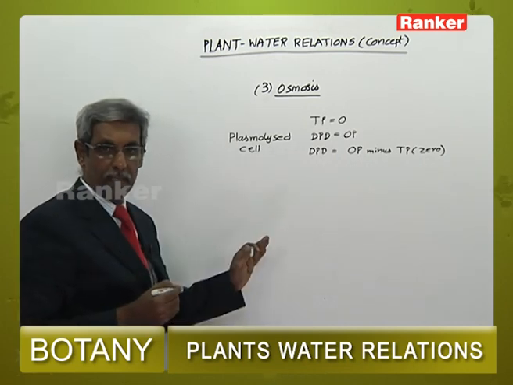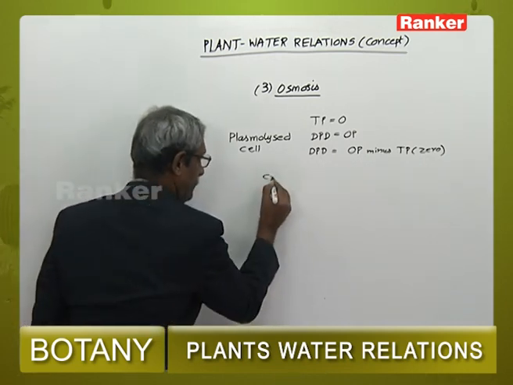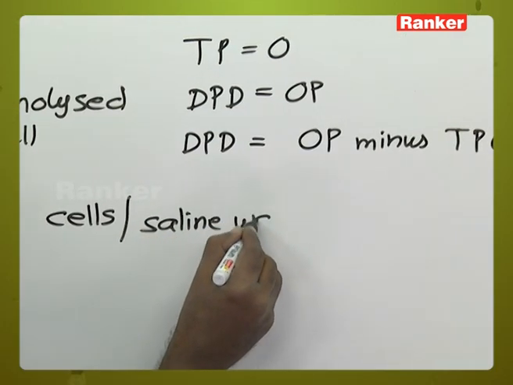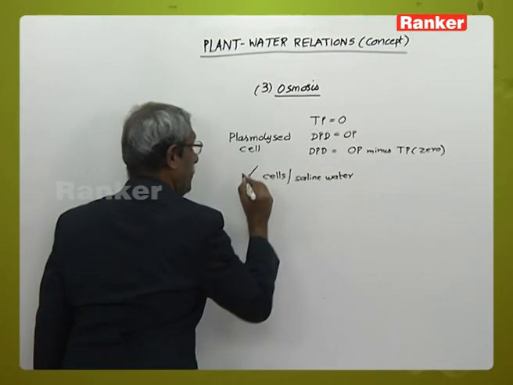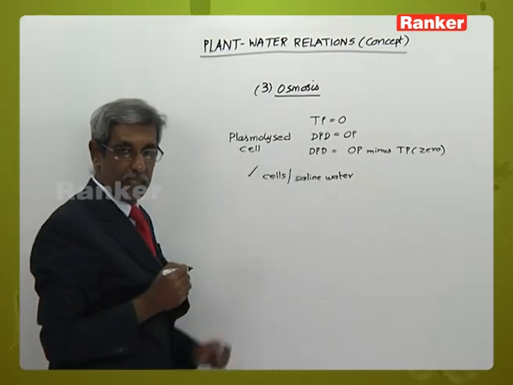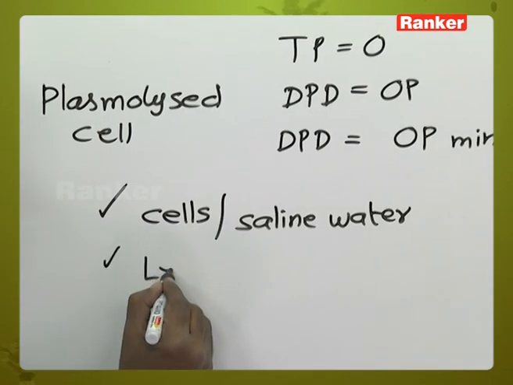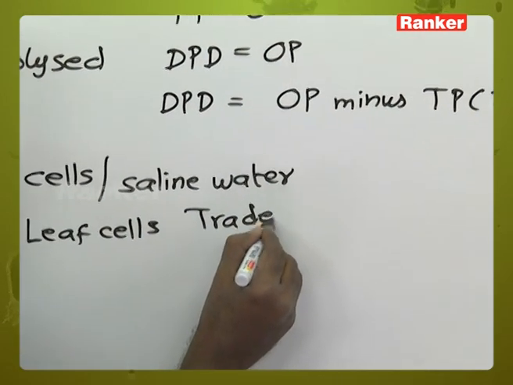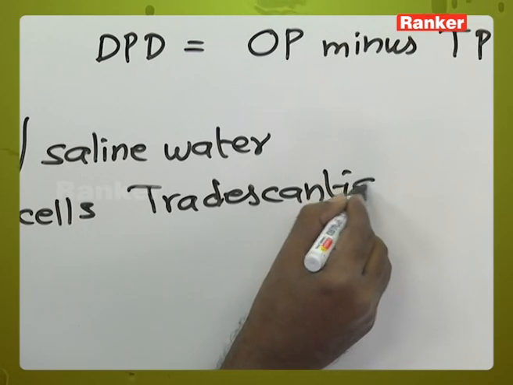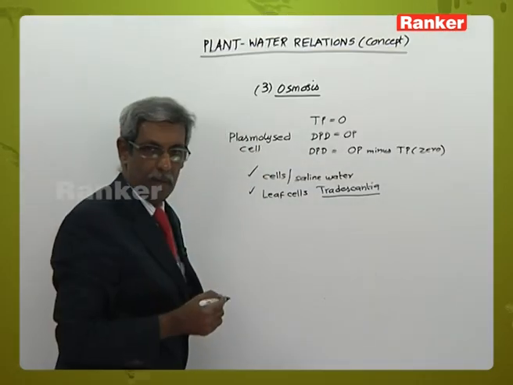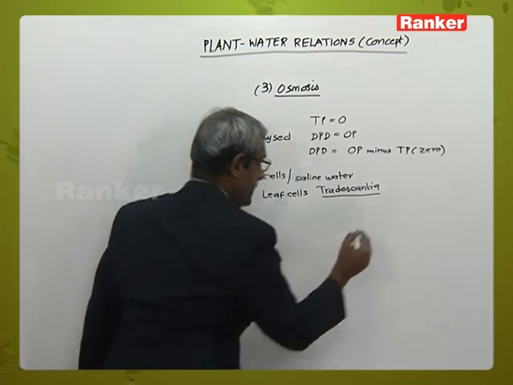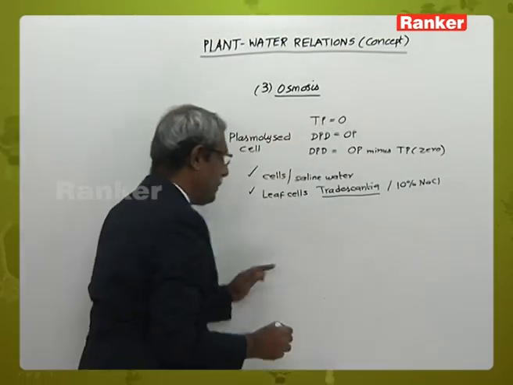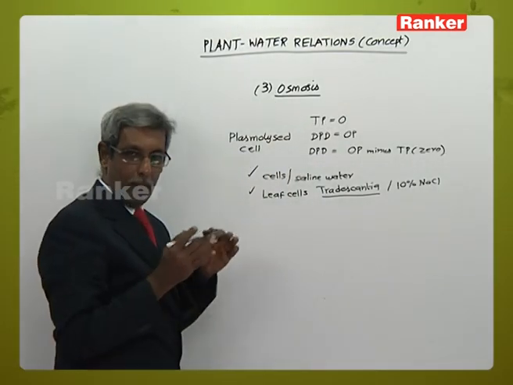So normally what happens is, when you take cells and put them in saline water, it shows plasmolysis. Similar is the case when you take leaf cells of Tradescantia. Lower epidermis leaf cells of Tradescantia, when you place them in a medium with, say, 10% sodium chloride, a salt solution, the leaves will collapse.